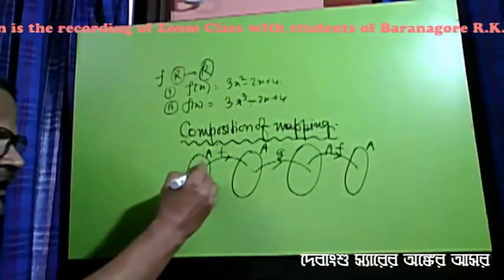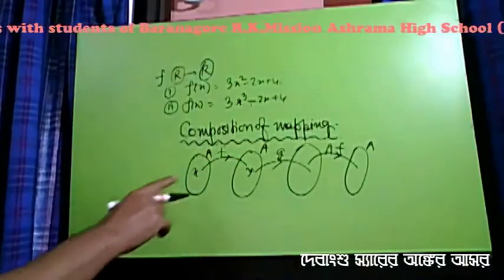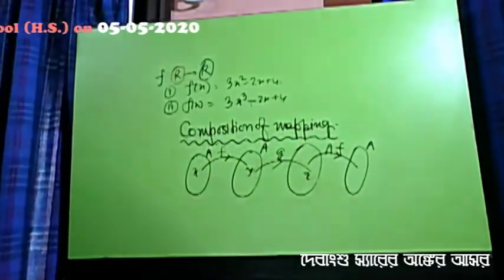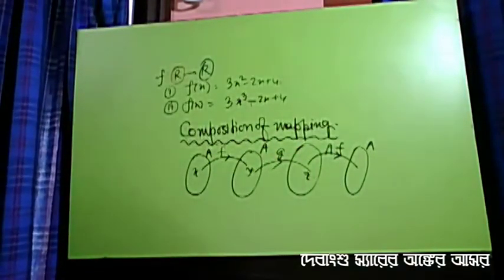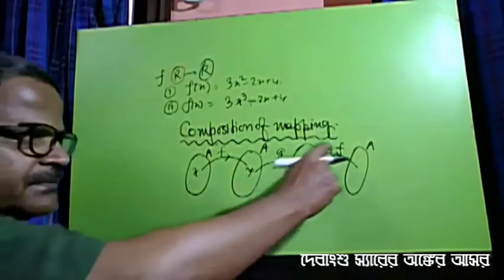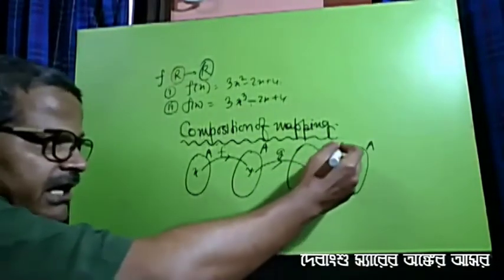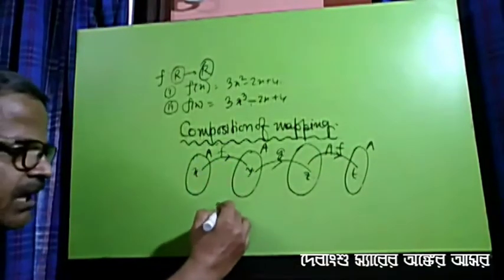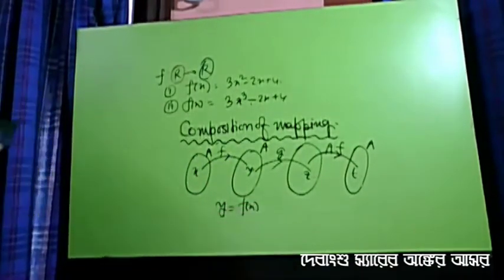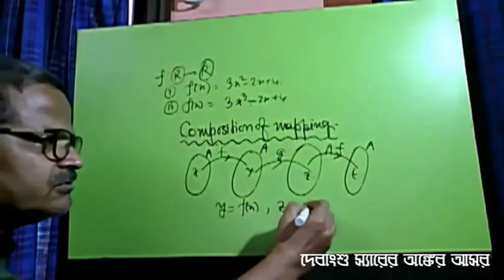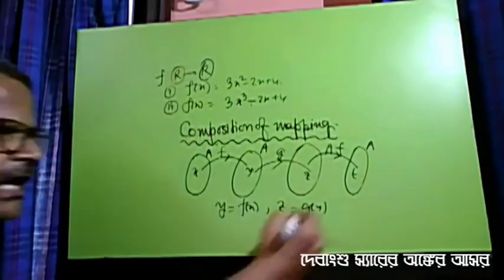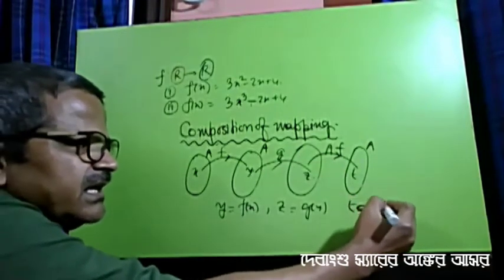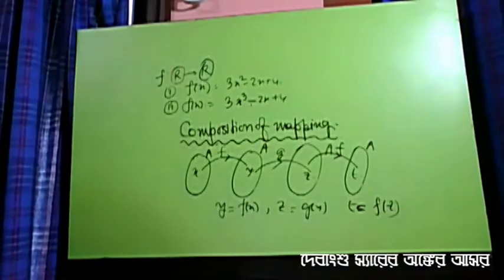So if we consider X to Y, F maps X to Y, G maps Y to Z, and F maps Z to say T. From this, see, Y is equal to Fx, Z is equal to Gy, and T is equal to Fz.